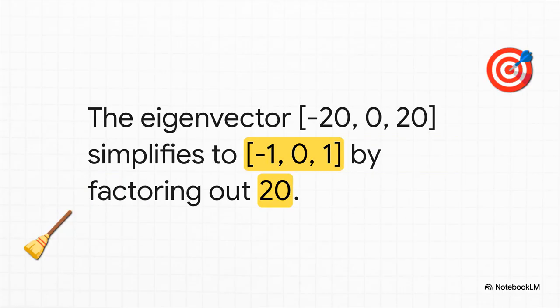So that ratio tells us our eigenvector is -20, 0, 20. But we can clean this up, right? You can see that all 3 of those numbers can be divided by 20. So let's just factor that out to simplify things. And that leaves us with a much nicer, cleaner vector, -1, 0, 1. And that is our final eigenvector for lambda equals -2.